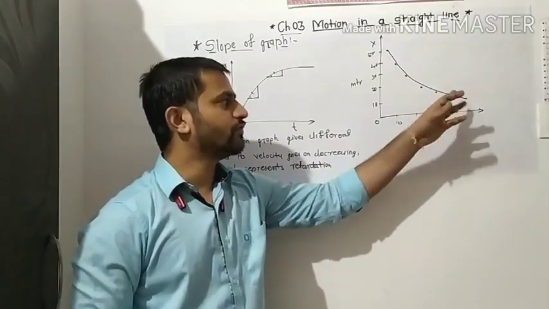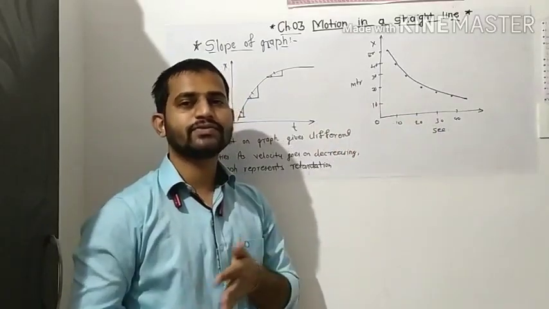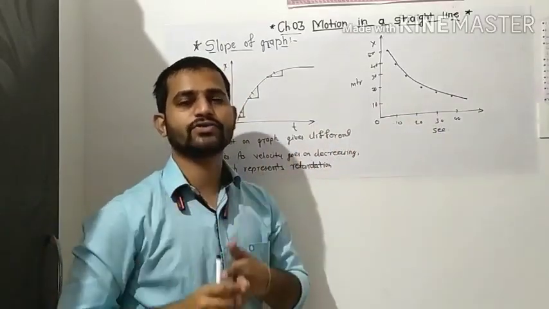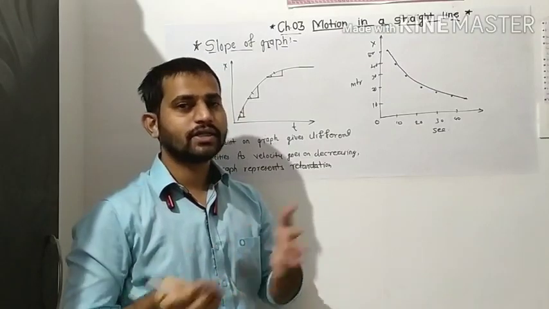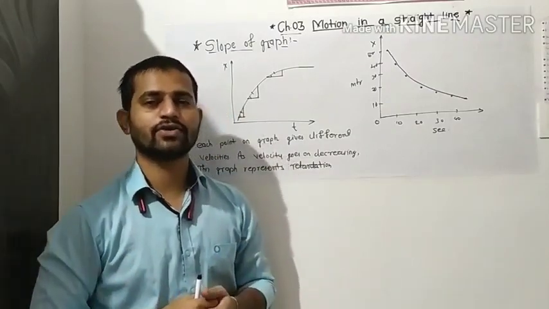You are reaching up to your friend after some time interval, and your speed, your velocity also goes on decreasing. So in that case, this is the example of which? Acceleration or retardation.